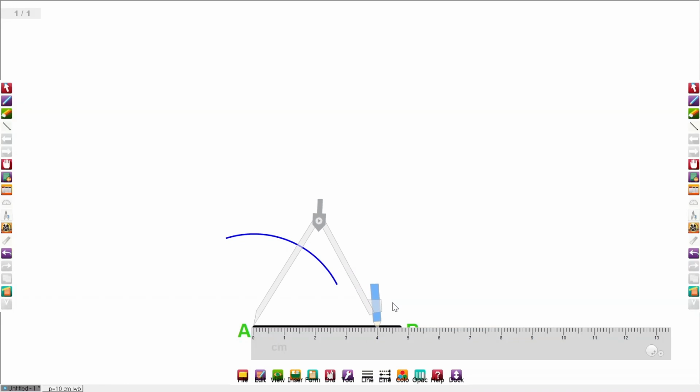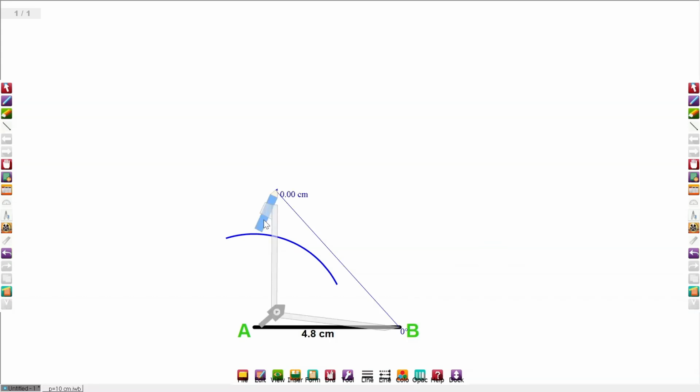Next, we adjust the radius of compass to measure 6 centimeter and then locate the center of compass to the point B and draw a circular arc of radius 6 centimeter that intersect the first circular arc.